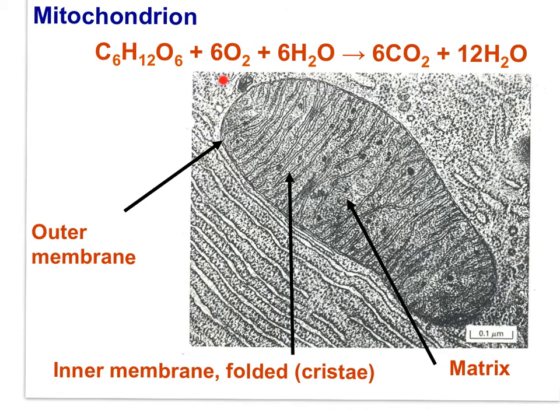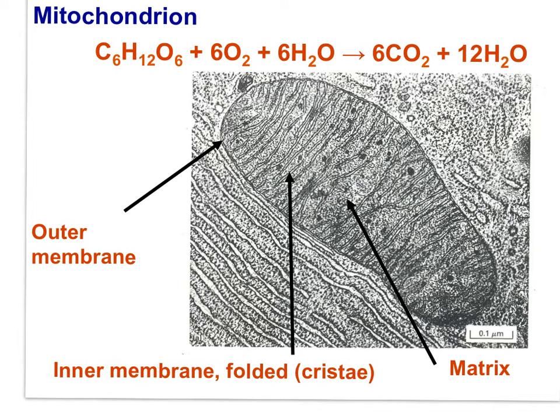Here is a micrograph of a mitochondrion, and here is the general equation for cell respiration. You need to memorize this equation. Cell respiration has an input of an organic molecule, glucose, as well as an input of oxygen. Carbon dioxide and water are the products to be released as waste from the cell.